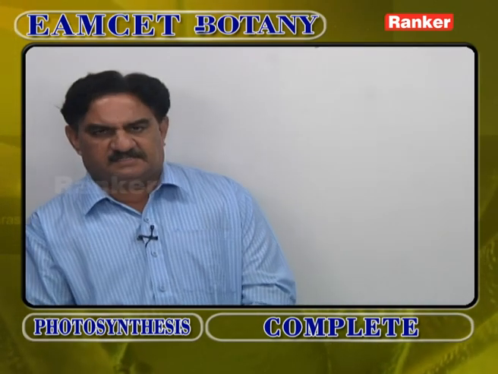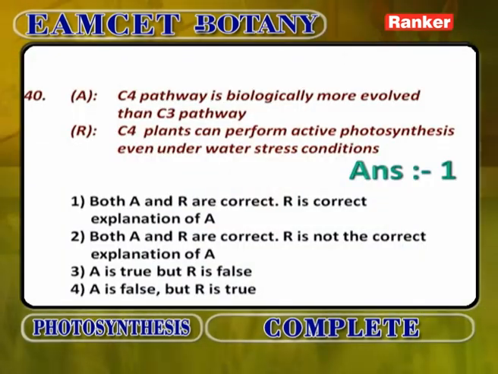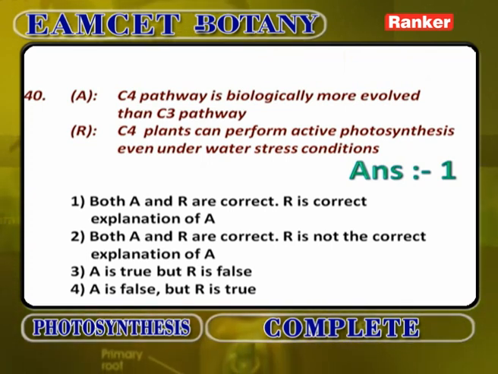This is an assertion-reason question. C4 pathway is biologically more evolved than C3 pathway. Definitely the C4 pathway is more evolved than the C3 pathway. Reason: C4 plants can perform active photosynthesis even under water stress conditions. So C4 plants grow in water stress environments.